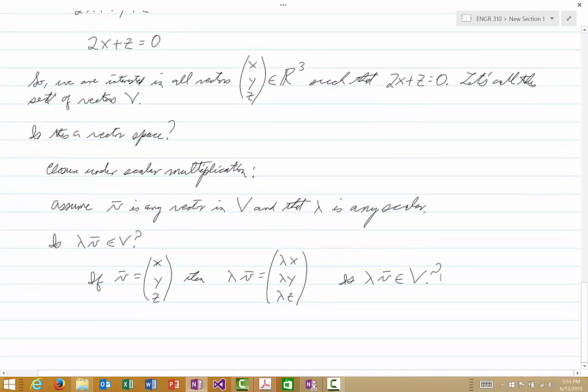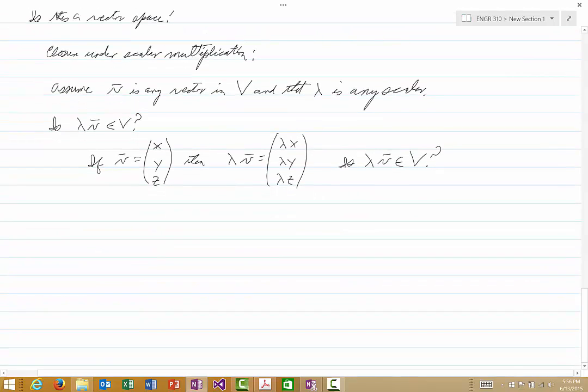Well, remember, the constraint that vectors in V must satisfy is that 2 times their first component plus their last component is 0. So asking if lambda V is in V is equivalent to saying, is 2 times lambda x, that's 2 times the first component, plus the last component, is that equal to 0?